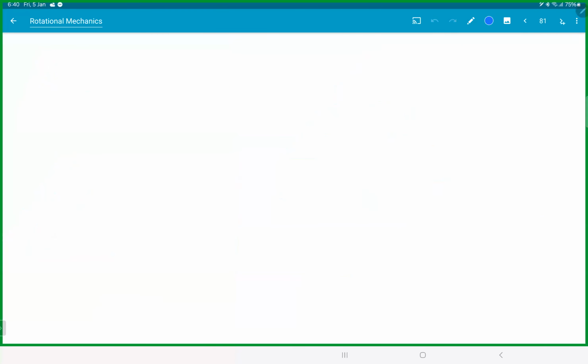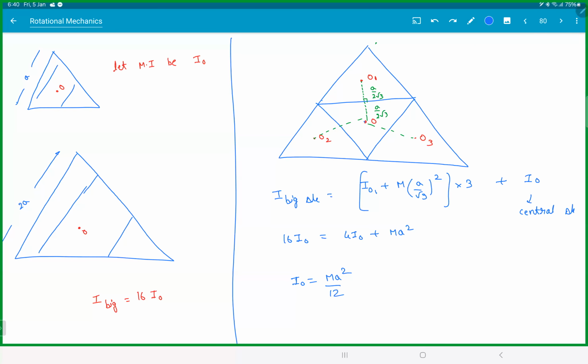Next one. Any doubts on this page? Clear now, Aryan, with this page? Great.